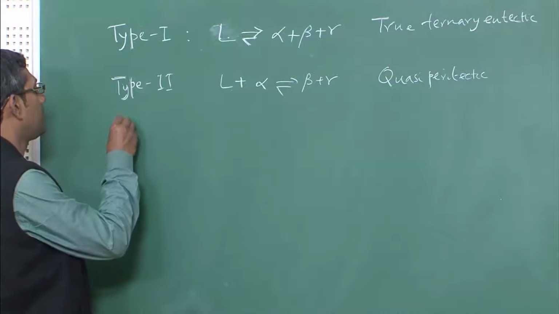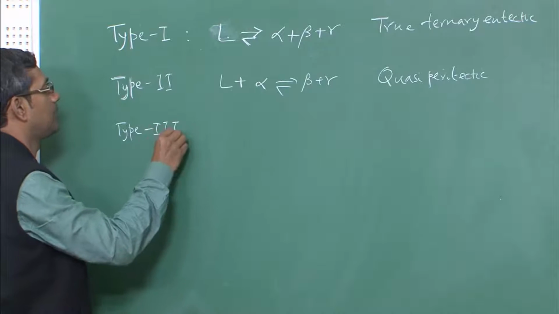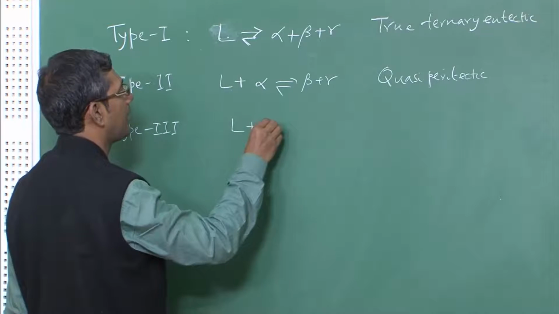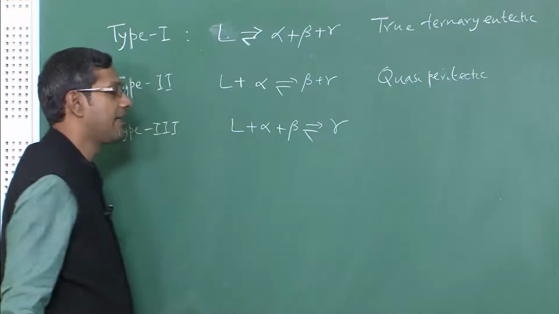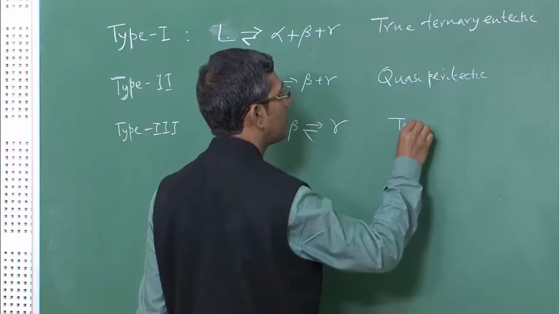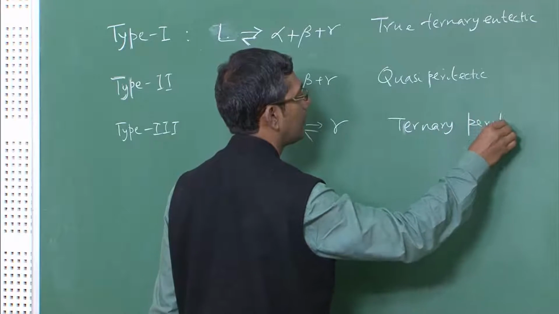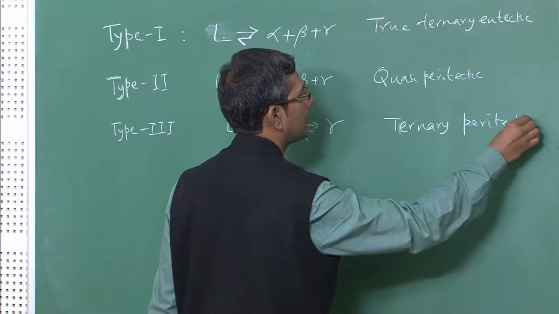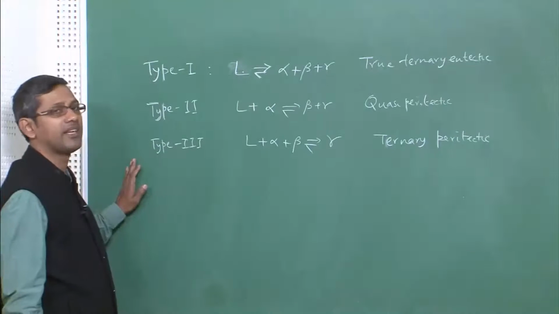A third type is perfectly peritectic, it is a ternary peritectic. So, basically there are 3 different types of 4-phase equilibria possible in a ternary system.